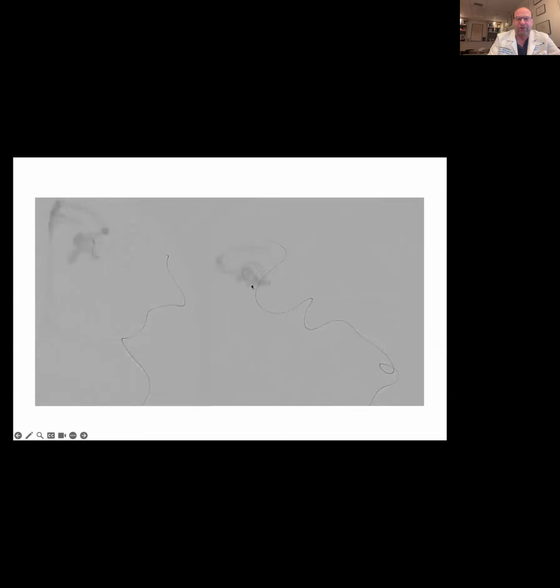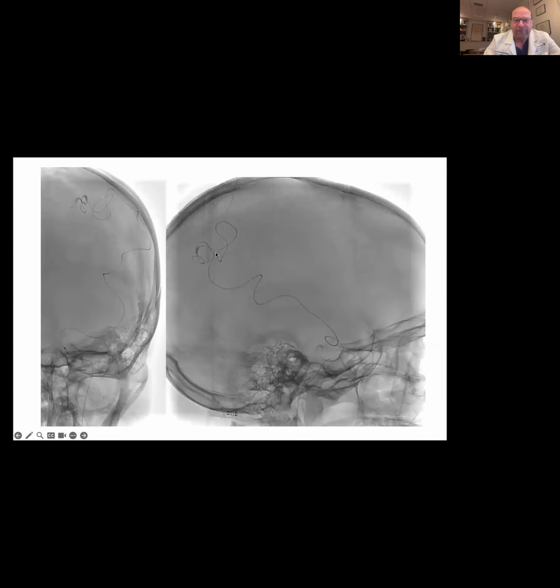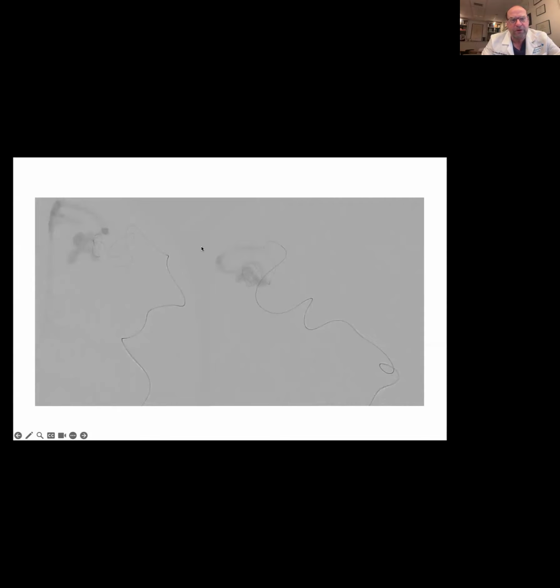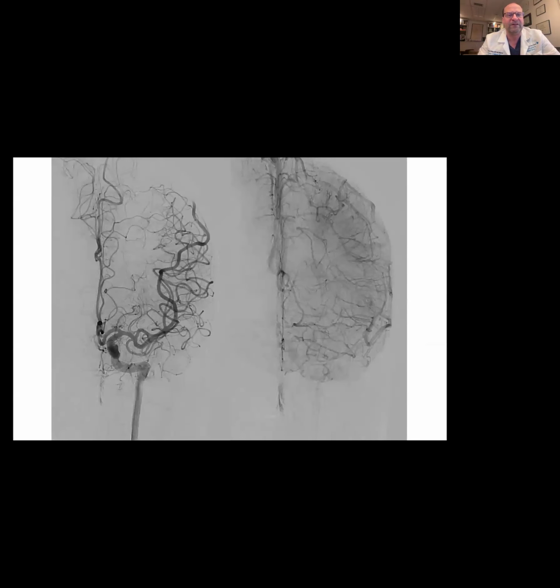So you see that we are here all the way now with this micro balloon. We inflate the balloon right there. You can see how tortuous the route was, but these balloons go very far into the distality. We inflate the balloon. This is without the balloon inflated. This is with the balloon inflated. I now have complete control over my flow when I'm injecting the material.